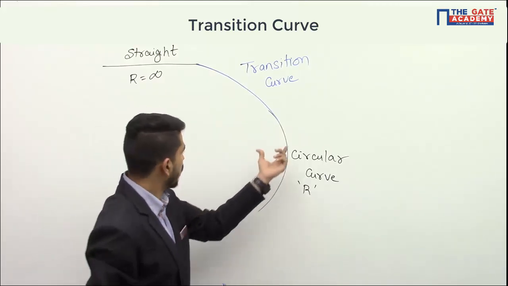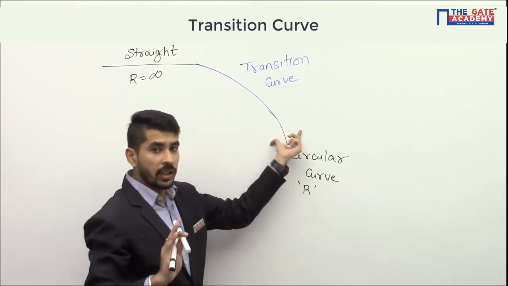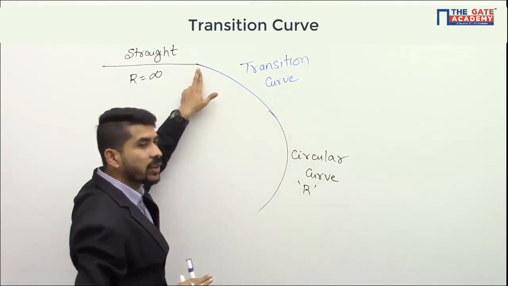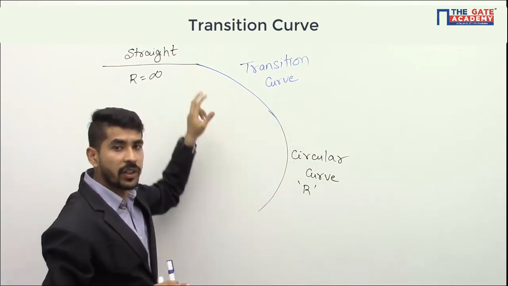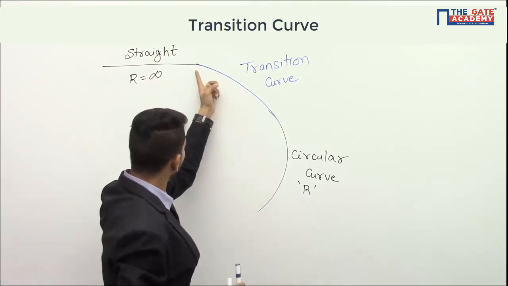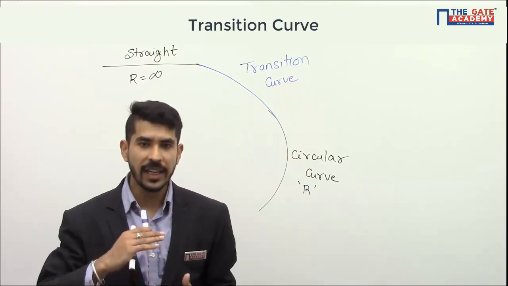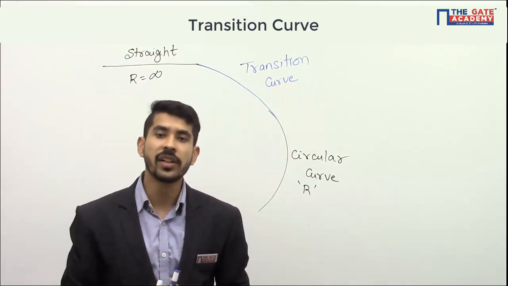Instead of introducing all the centrifugal force immediately with the circular curve, through this transition curve we are slowly, step by step, increasing its value.